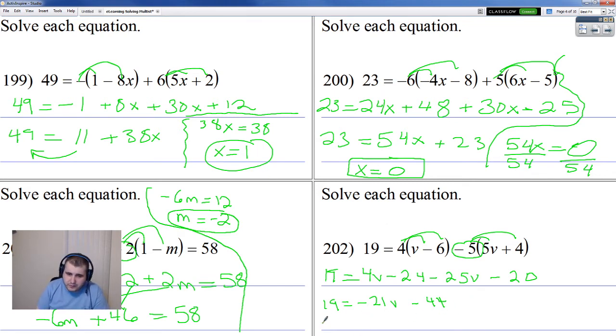So you add 44 to both sides. That way it cancels out. What you end up with is 63 equals negative 21v. You can divide and you can get v is equal to negative 3.